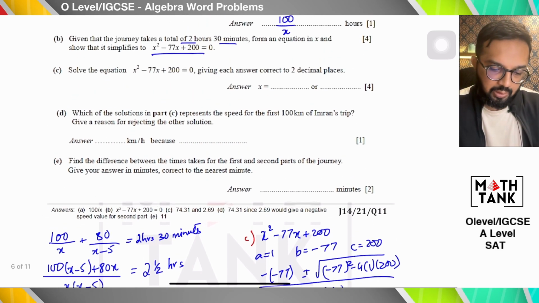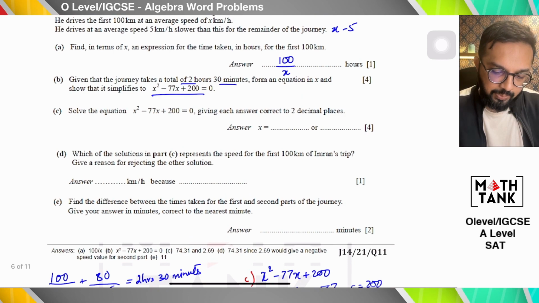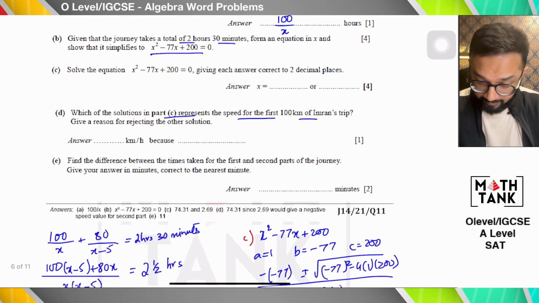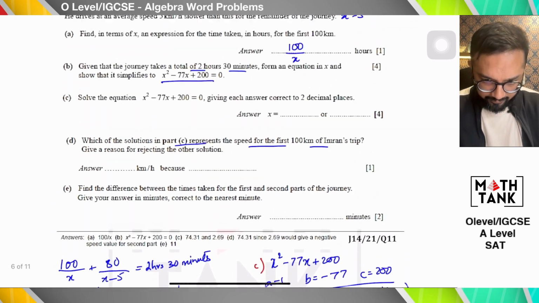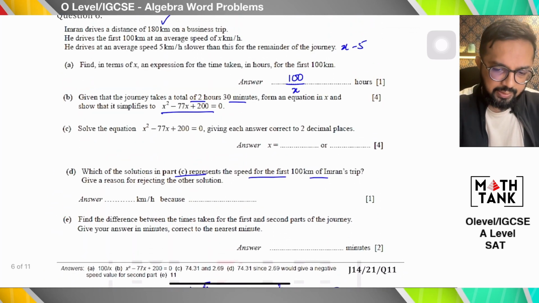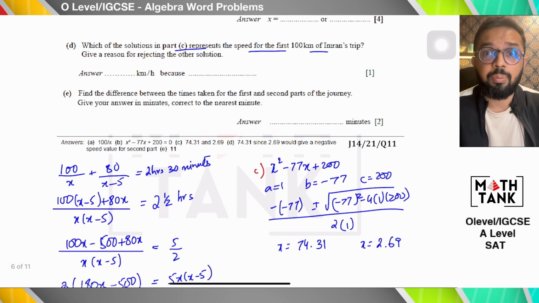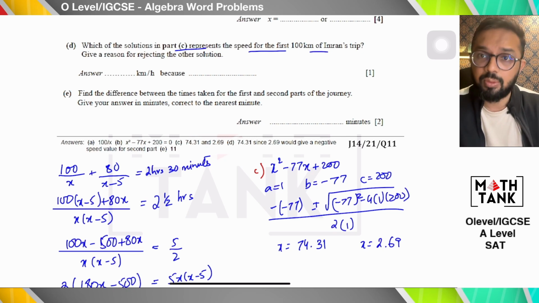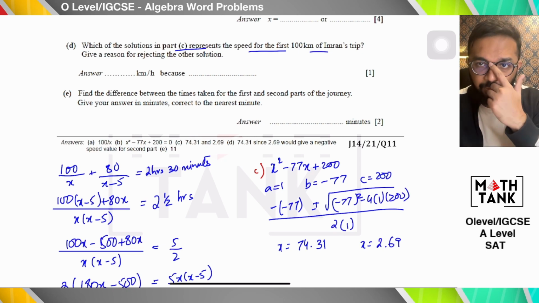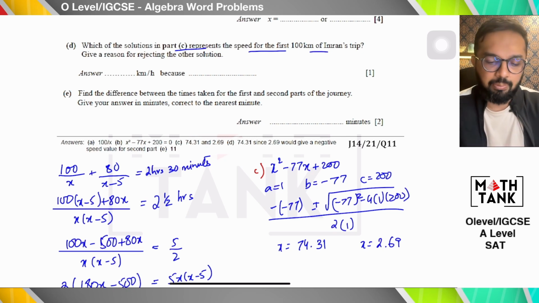Then it says which of the solutions in part C represents the speed for the first 100 kilometers of Imran's trip. Now both of these answers are positive. What I notice is that the next speed has to be x minus 5. So if I were to take this, the other speed would become negative, which means that you would travel in the opposite direction. That is what a negative speed implies if you are doing add math or physics for that matter.